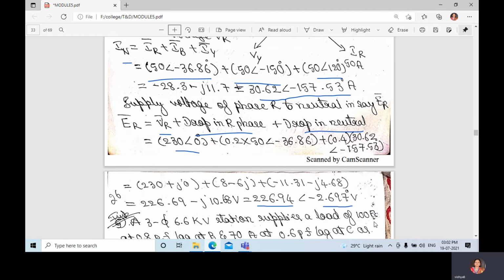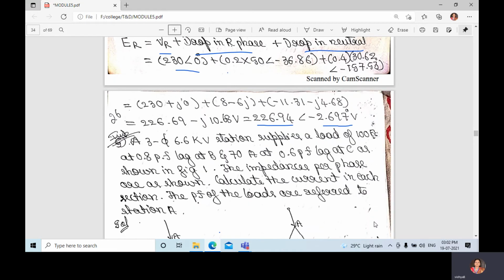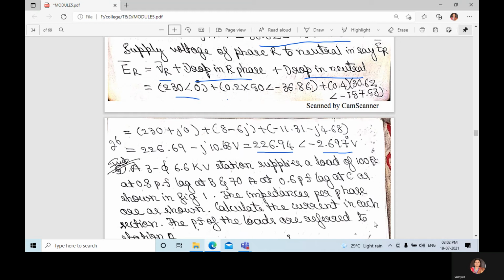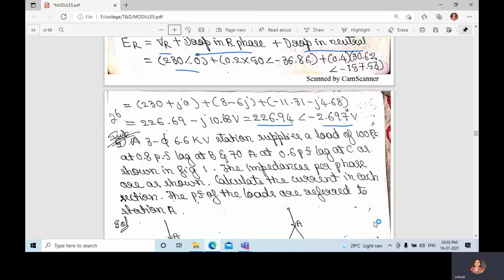If you add the total voltage drop, you'll get 226.94 at angle minus 2.697. So that is the overall supply voltage of phase R to neutral, which we can say is ER.